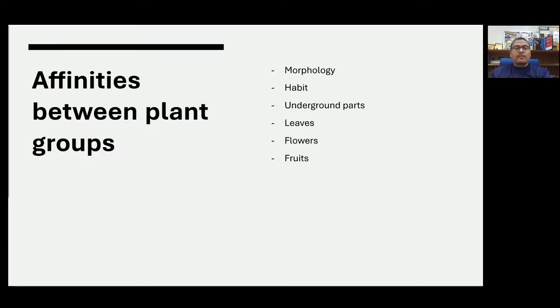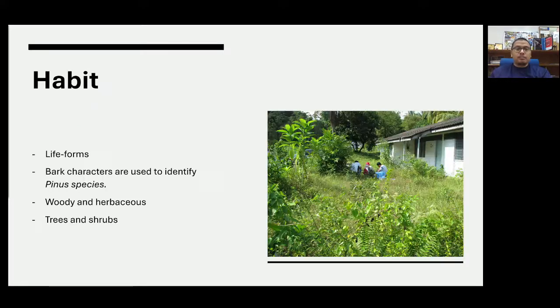So here I will just give a brief explanation on how the morphological characteristics can define the classification of the plants of different groups. First, talk about habits, or life forms. There is very little significance when talking about life forms for taxonomy.